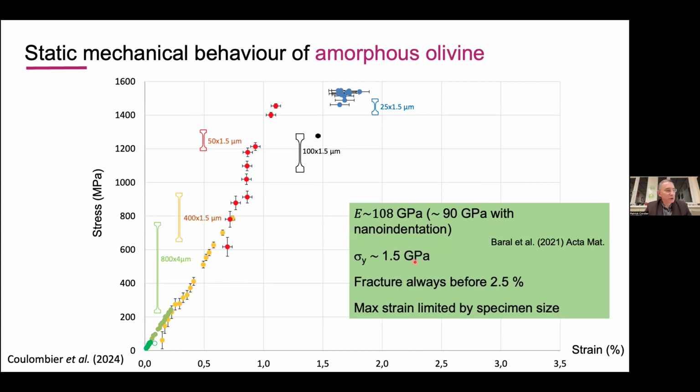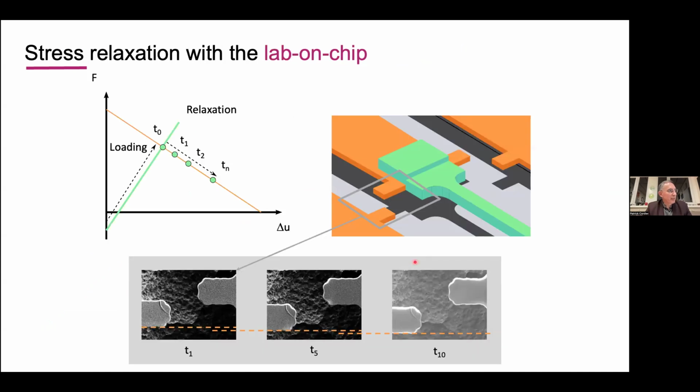But there is something which is more interesting, and that was a development that was made during this study. You do the measurements and then you leave the chips, but the actuator is still pulling on the specimen. And so it continues.